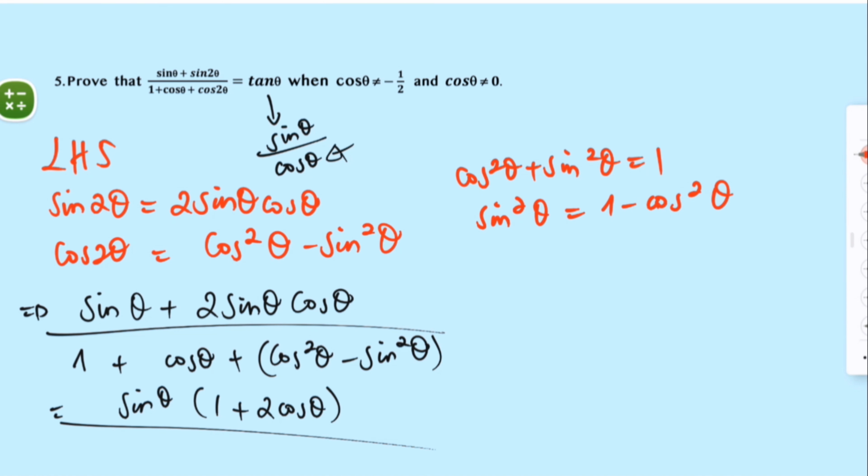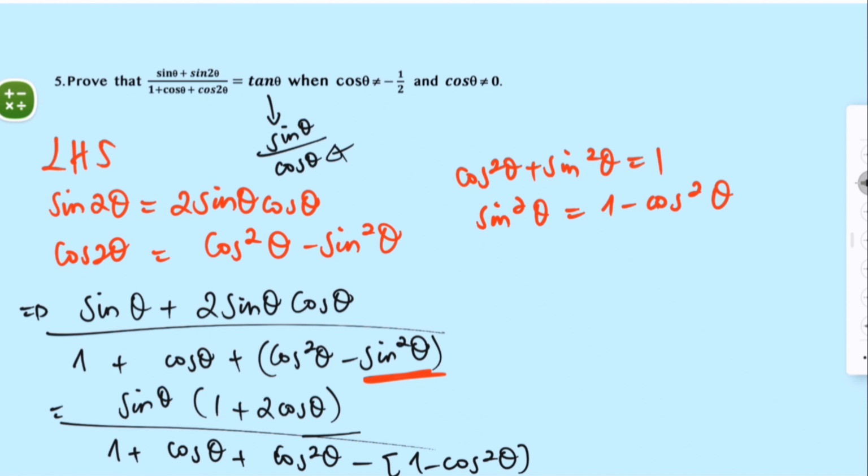Just like this, and there we go. So now I'll replace it over here when I'm writing this denominator. So 1 plus cos theta plus cos squared of theta minus parentheses 1 minus cos squared theta. There we go.